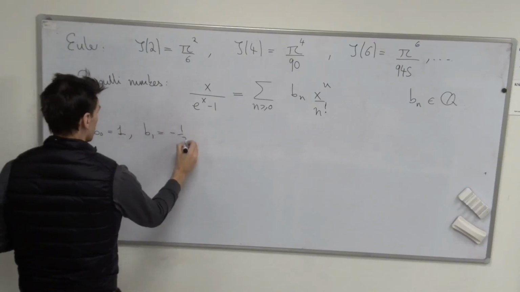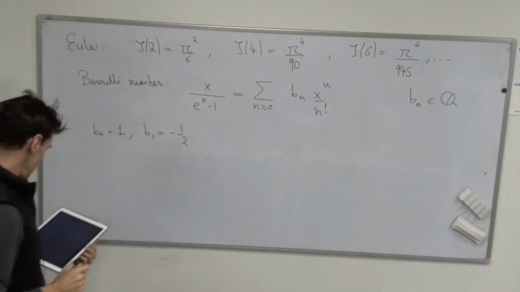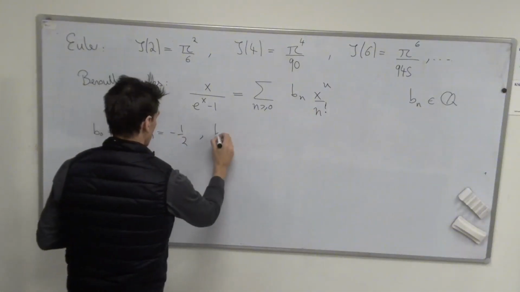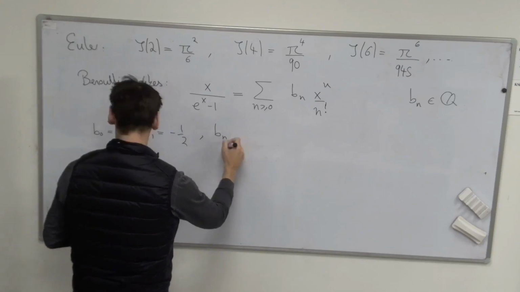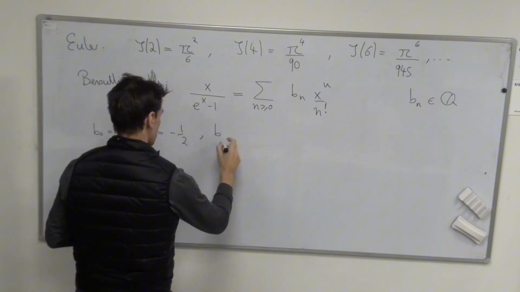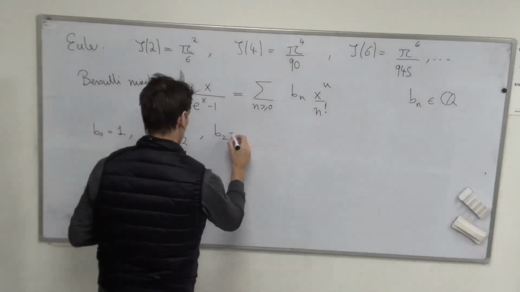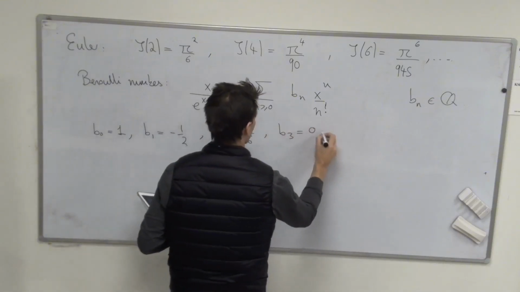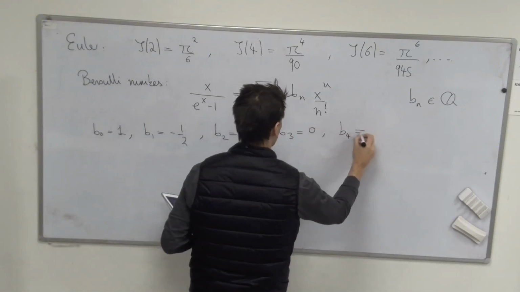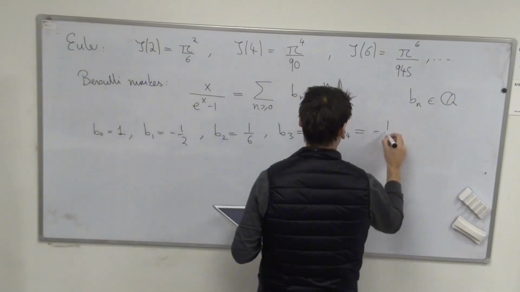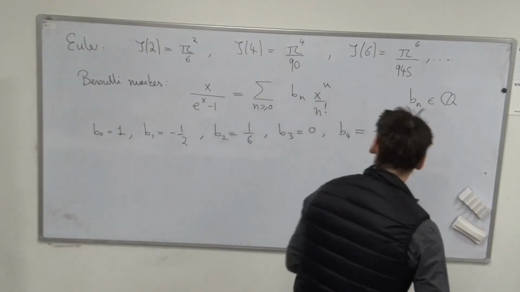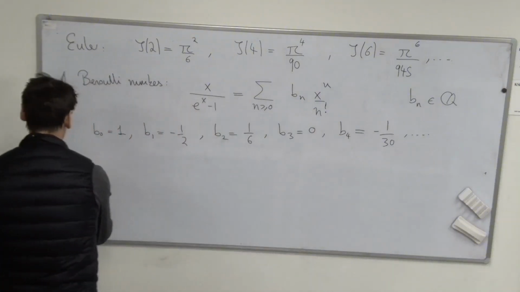B1 is exceptional because in general all the Bn's for odd n vanish, apart from this one. B2 is 1 over 6, B3 is 0, B4 is minus, etc.